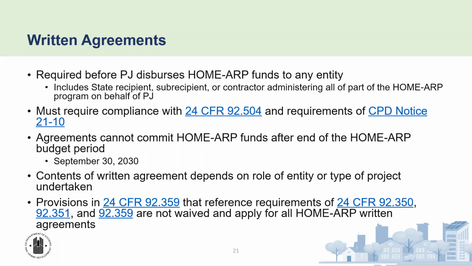A written agreement must require compliance with the requirements of the HOME-ARP notice at all times. Please note, contents of each written agreement will vary upon the role the entity is asked to assume or the type of project that will be undertaken by that entity.